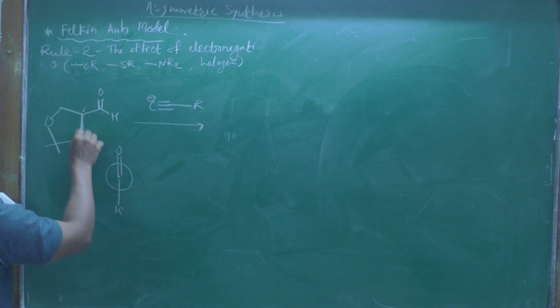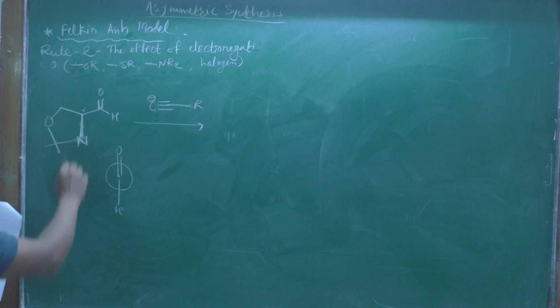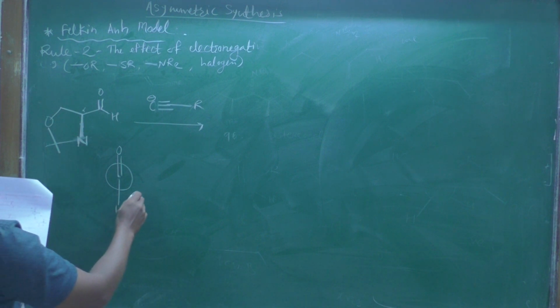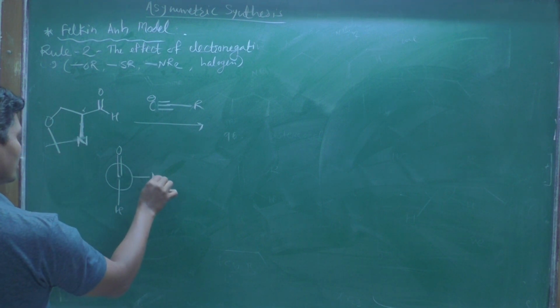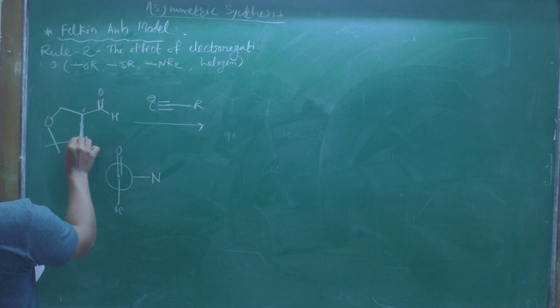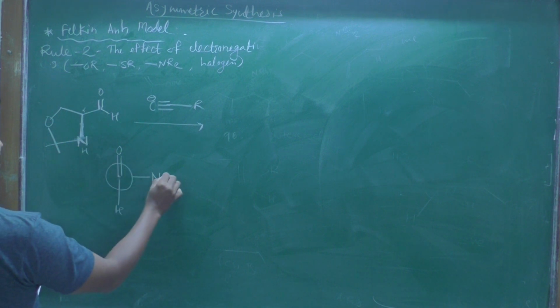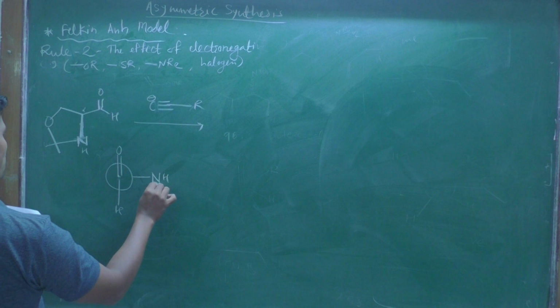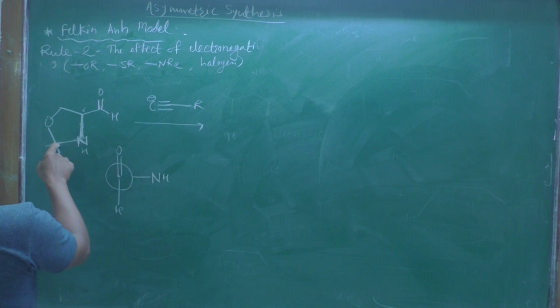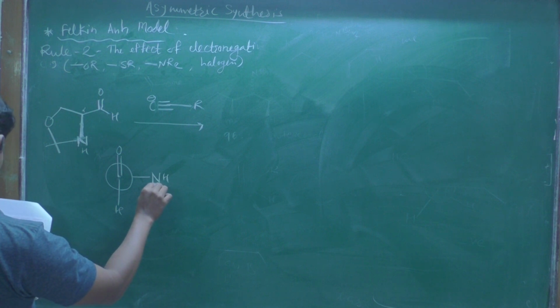Here nitrogen is the electronegative atom, so keep that electronegative atom perpendicular. NH. Then the nitrogen atom is attached to a tertiary carbon atom, which is having a dimethyl group.